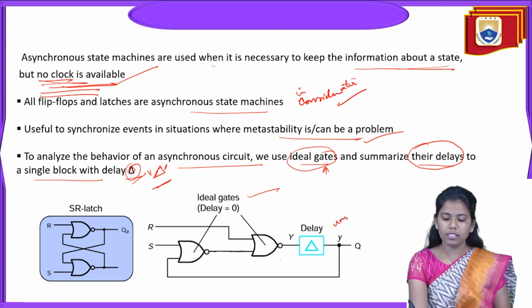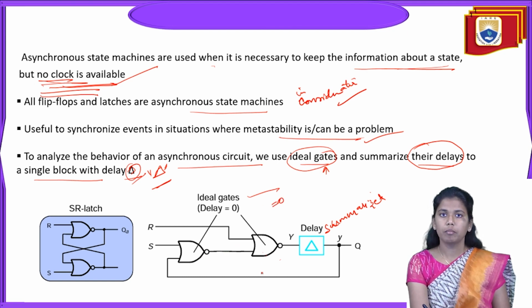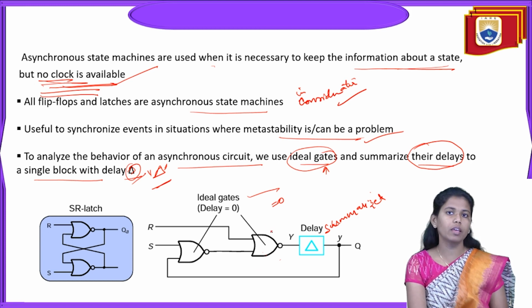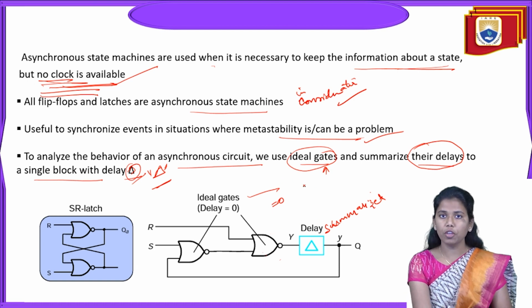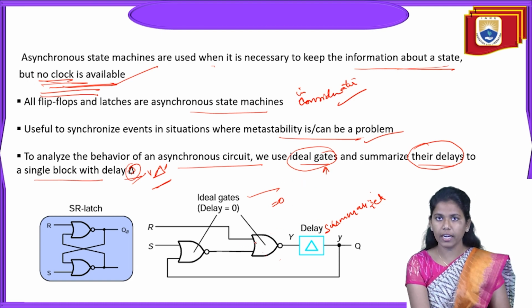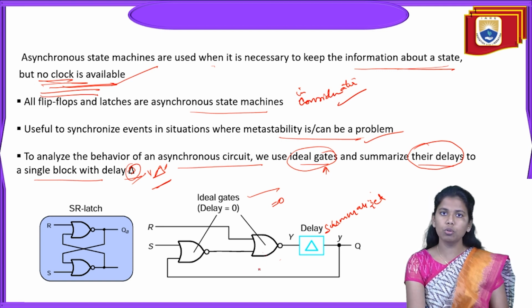The delays are summarized by considering ideal gates. When the gate is ideal, the delay is 0. This is analyzed as with synchronous machines. These two are the ideal gates, and we summarize the delays following these two gates.